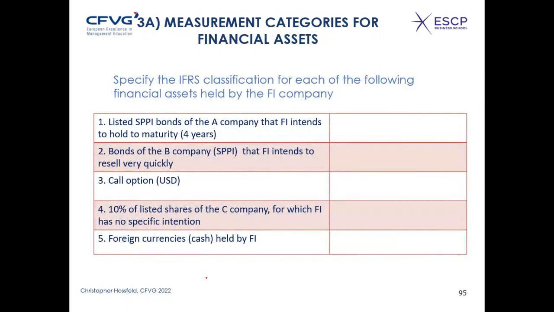Okay, let's see here what we have. For example, we have a listed bond that is SPPI of company A, and the intention is to hold the bond until maturity. So which measurement method do you think applies? Amortized cost, fair value through OCI, or fair value through profit and loss? Anyone, please?